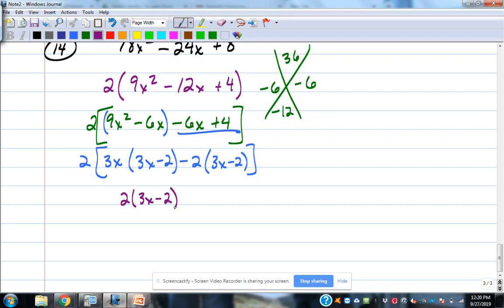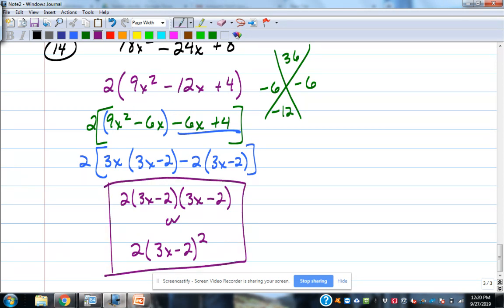Yeah, you could write it that way. So this is one way to write it, or you could write it as 2 times 3x minus 2 squared like that. Both of those are the same answer. I'd take either one. Absolutely perfect. Okay. Pretty easy there, right? Not too bad.